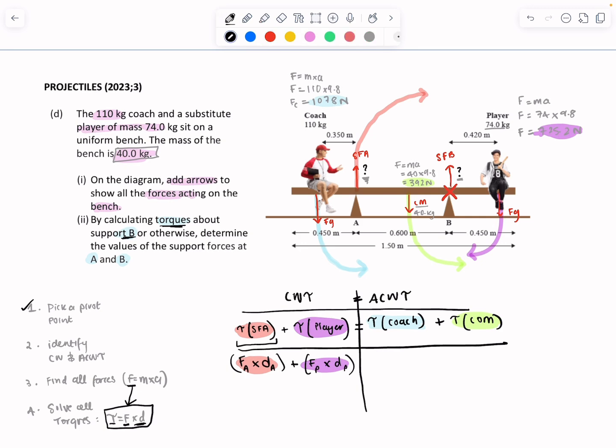This is going to add up as the total clockwise torques, and all of these clockwise torques added will equal the anti-clockwise torques.